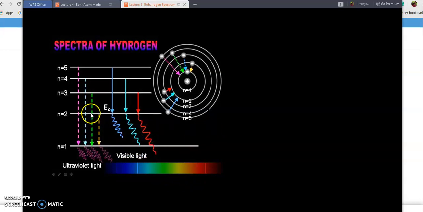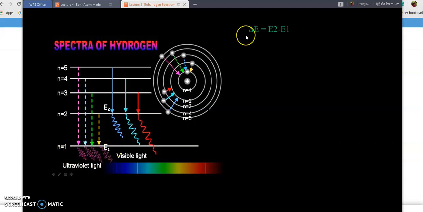Suppose an electron lying in energy level n2 with energy E2 jumps to a lower energy level n1 with energy E1.